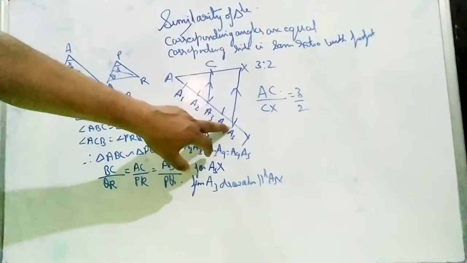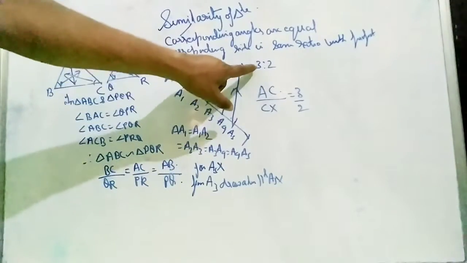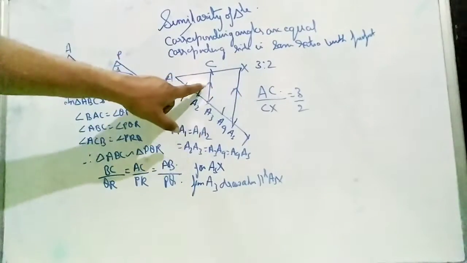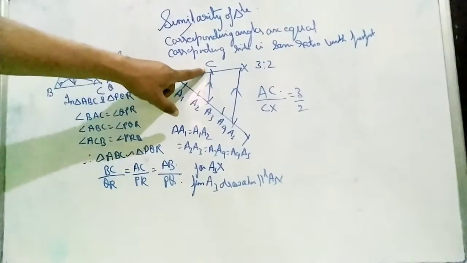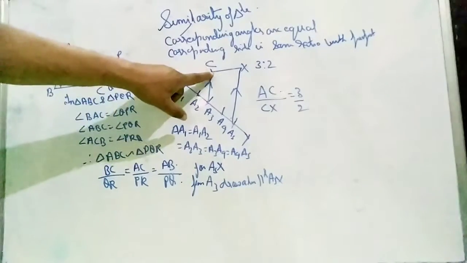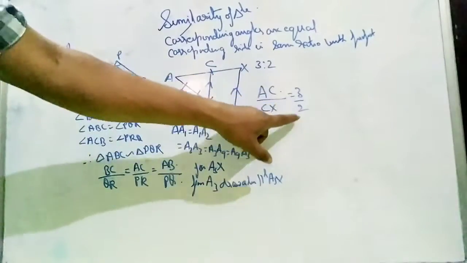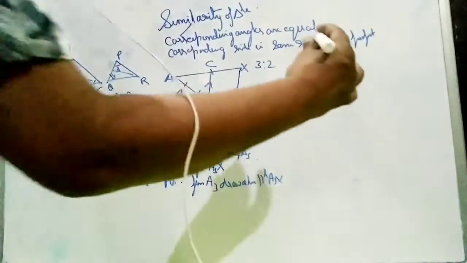From the last part, join the end of the line, and then from the top take the 3 parts, then draw a line parallel to the first line. It will meet the AX line at point C. So AC will become 3 and CX will become 2, that is, AC upon CX will be 3:2.